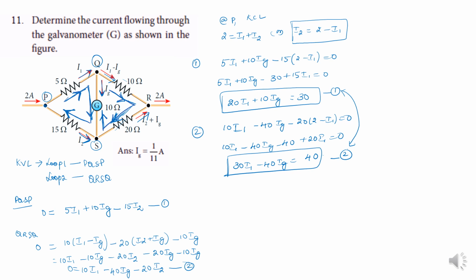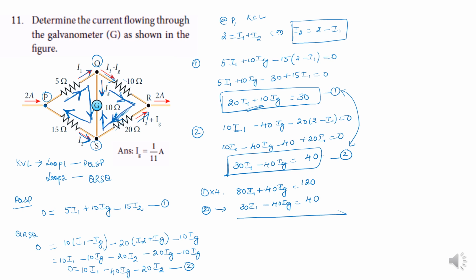Now multiply the first equation by 4. This is the first equation, multiply it by 4: 80 I1 plus 40 Ig is equal to 120. Second equation, 30 I1 minus 40 Ig is equal to 40.